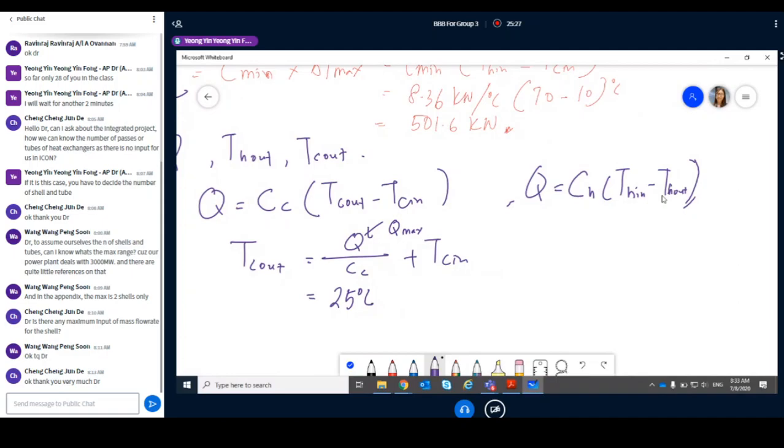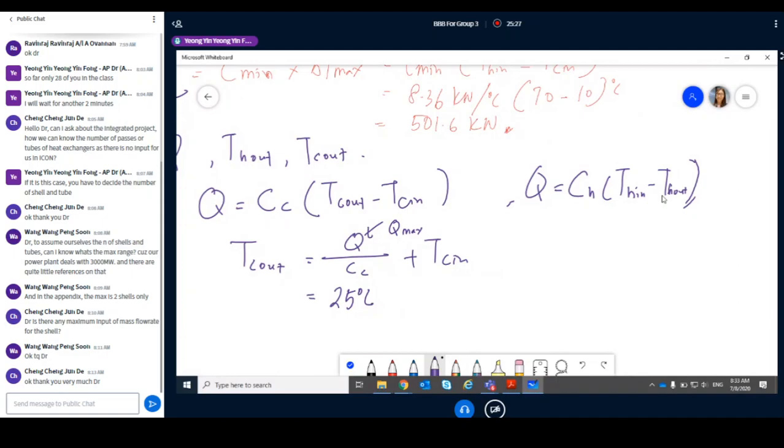The cold stream is always being heated up, that's why TC out is always higher than TC in. So eventually, you will get your TH out, which equals TH in minus Q divided by CH. Then you will get 10 degrees C.